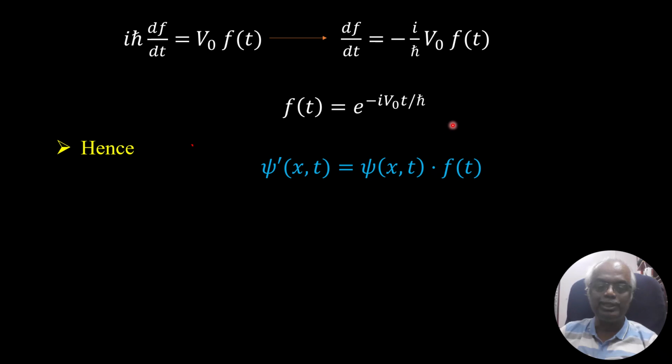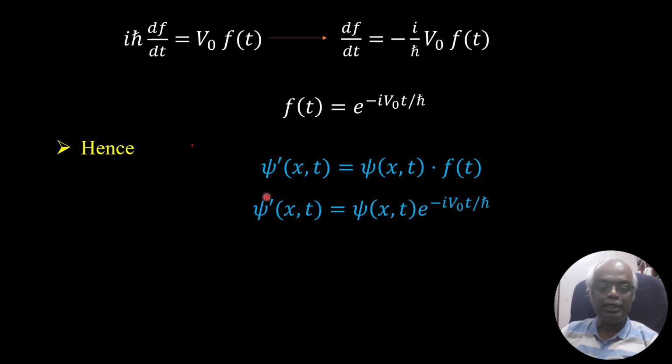Now we know f(t), replace this f(t) here. What you will get is ψ'(x,t) is equal to ψ(x,t) times this exponential term e to the power minus i V0 t over ħ.